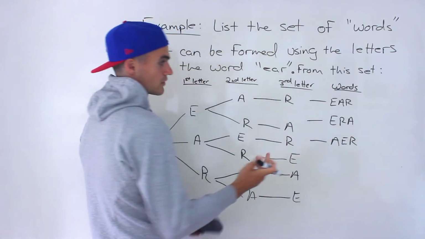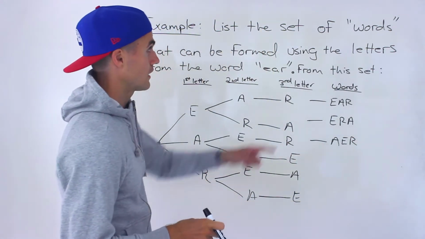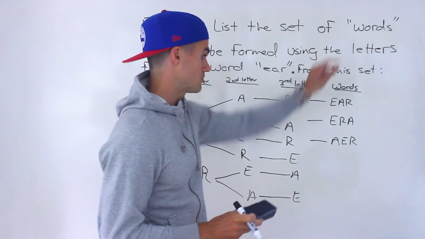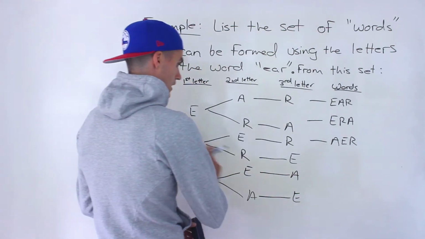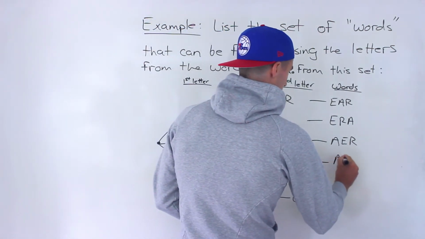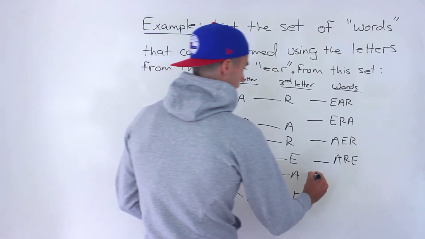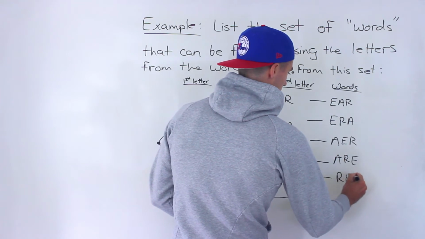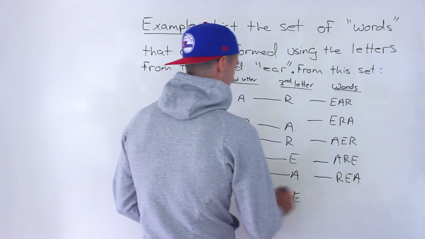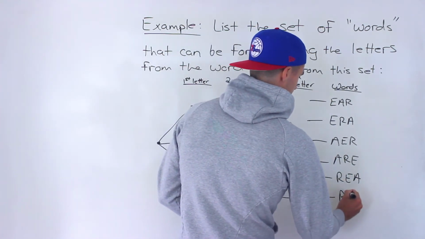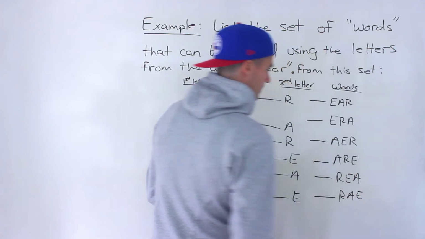That's why some of these aren't actual words in the English language. That's why we put quotation marks over here. And then we'll have R-A-E, which is an actual word. And then R-E-A. And then we'll have R-A-E. Like that.